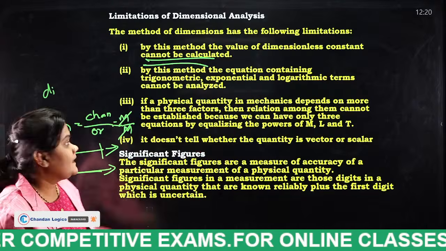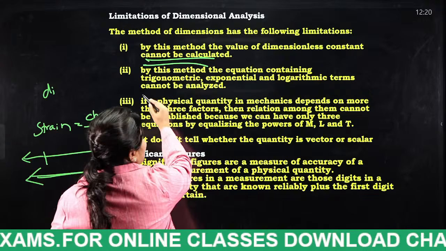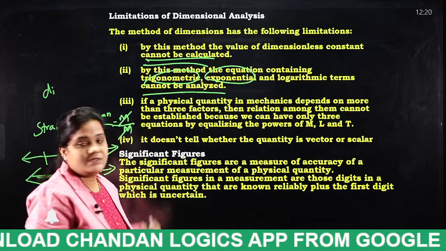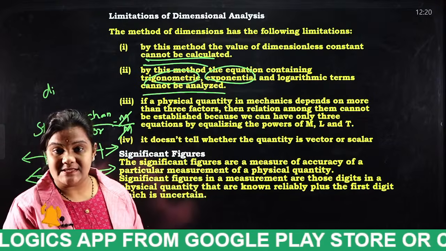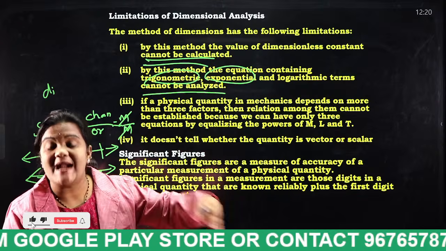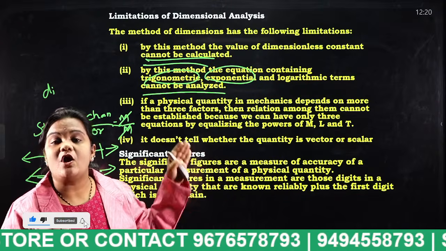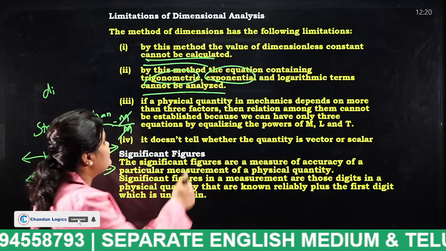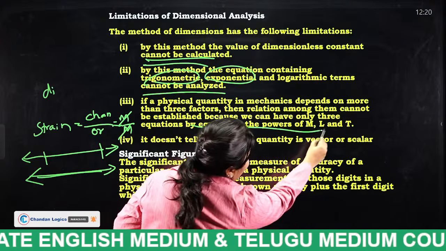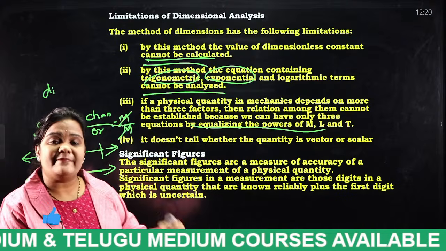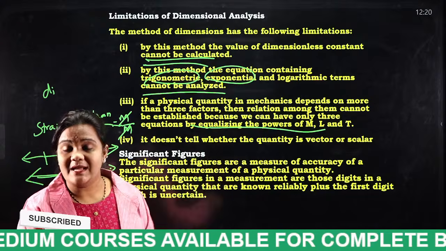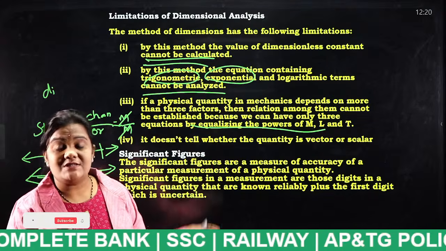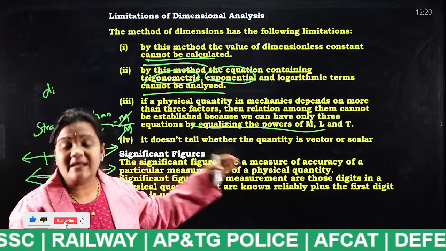Example, strain. In the similar way, these dimensions are not applicable to trigonometric, exponential and logarithmic terms. These dimensions can equalize the powers of M, L and T, but they cannot analyze exponential, logarithmic and trigonometric equations.